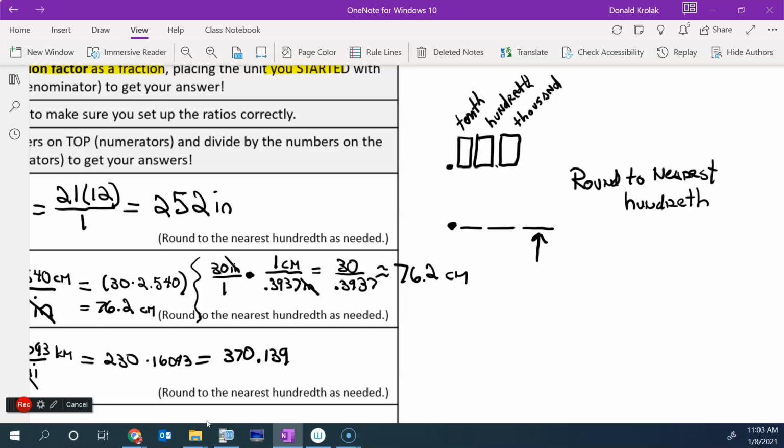So to figure out what to do, I got to have 3 of them. This is what I look at. If this number is 5 or bigger, then this guy is going to get rounded up. If this number is less than 5, then this stays the same.